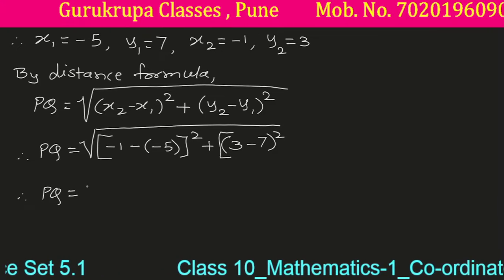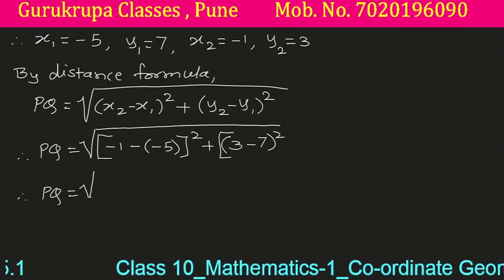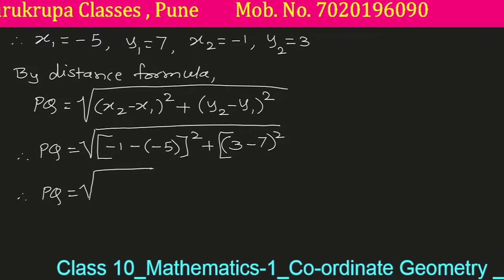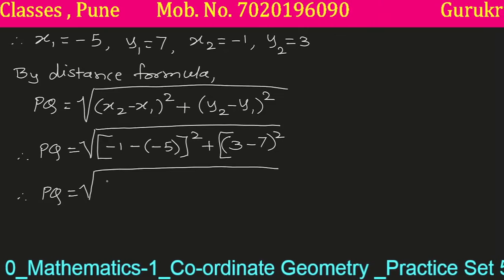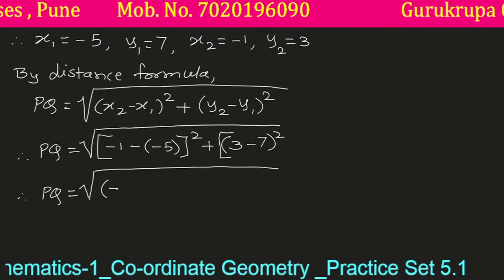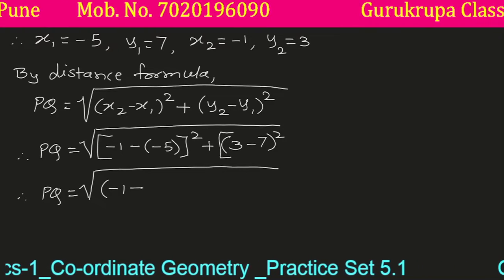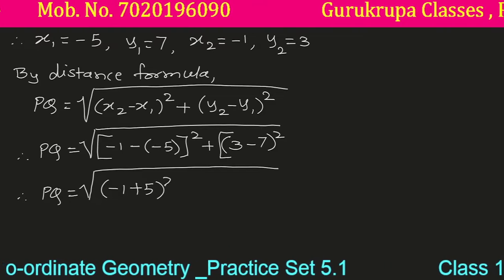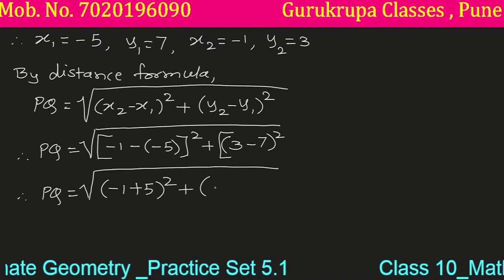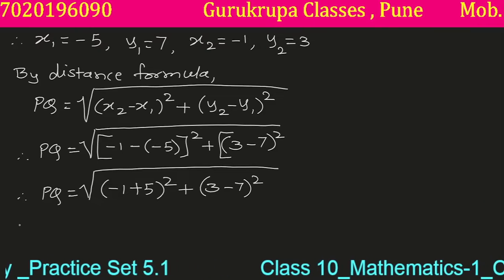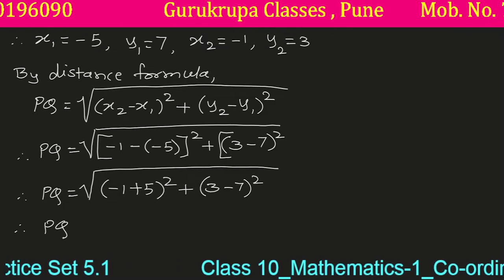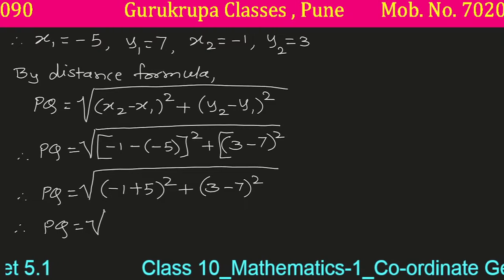Therefore PQ is equal to, we have now here -1 minus minus plus 5 whole square and plus 3 minus 7 whole square. Step by step we go near the answer.